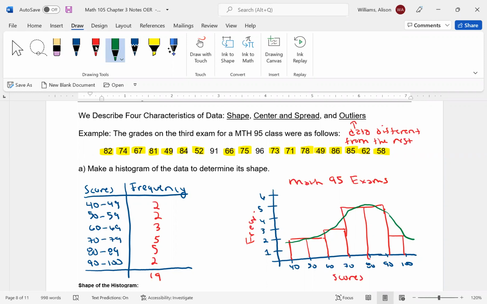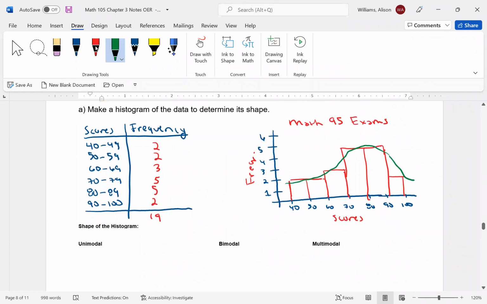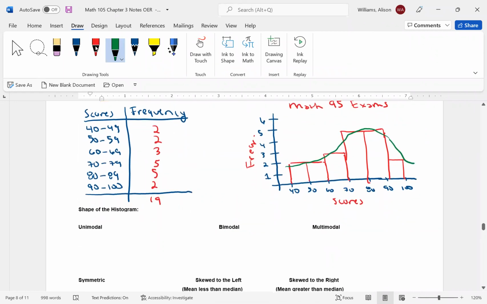So let me come down here and we're going to go ahead and give some names for the shapes and information about the modes. So something is unimodal, meaning it has only one mode. So that would mean if I were to draw the histogram, I'm just going to do a little rough sketch, there would be a big category and everything else would be smaller.